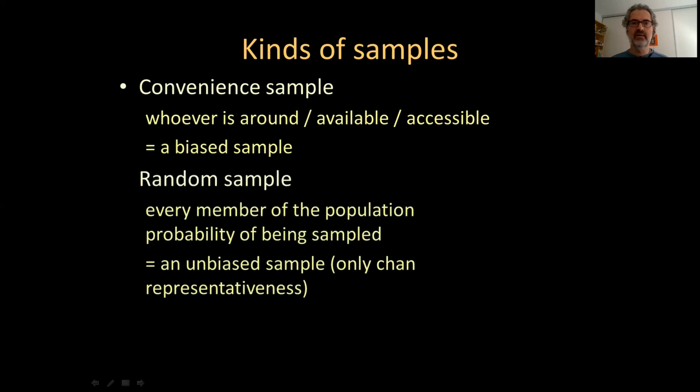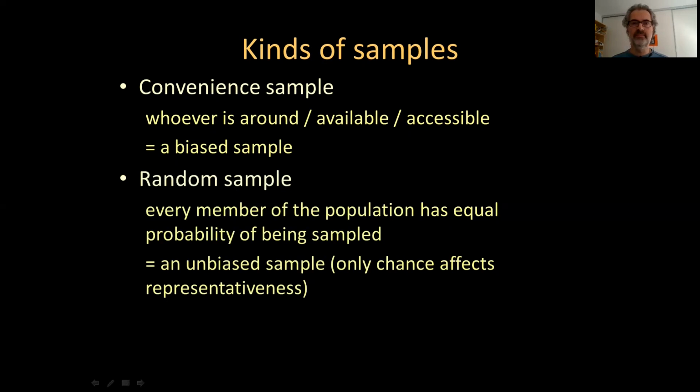At the other end of the sampling method continuum is what we call a random sample. The definition of a random sample, and the only way in which a sample can be said to be truly random, is when every member of the population has exactly the same probability of being sampled. This means one must have access to the entire population and sample with a method that gives equal chance to everyone.